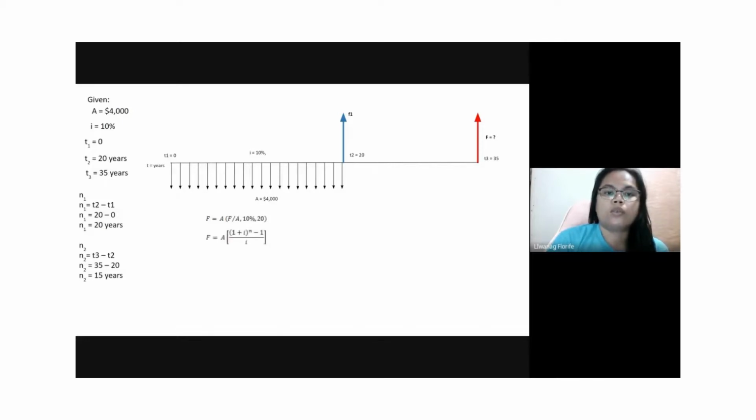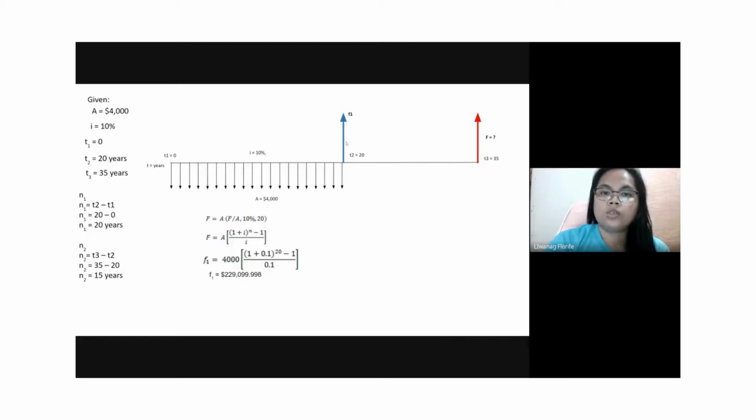So we have the formula F is equal to A quantity 1 plus i raised to N minus 1 over i. Substituting all the values, we get the value of F1 is equal to $229,099.98. So we have already the value of F1 at the end of 20 years.